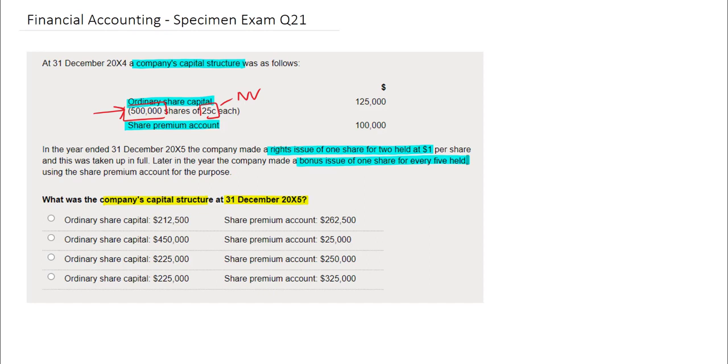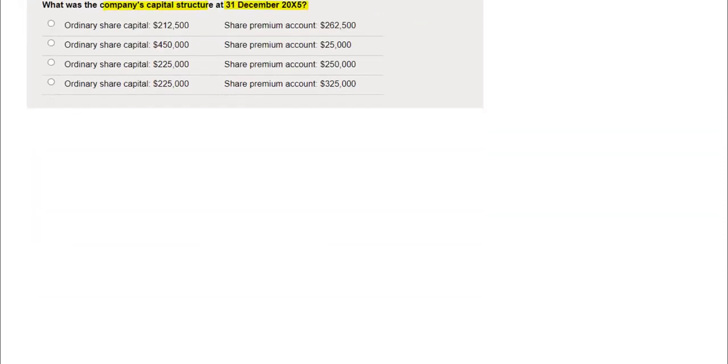Now, in order to answer a question like this, we need to work out the number of shares that were given on the rights issue and the bonus issue. So let's produce a working thinking about the chronological order of events that have taken place. So we'll start with the opening number of shares that the business has.